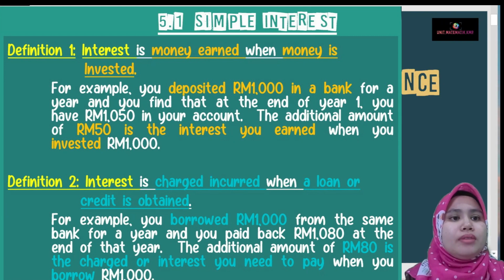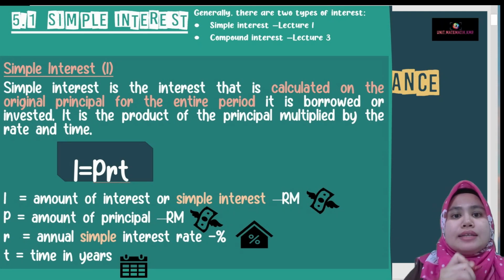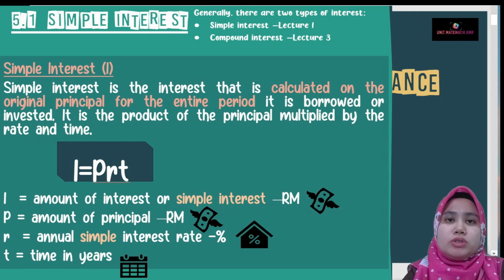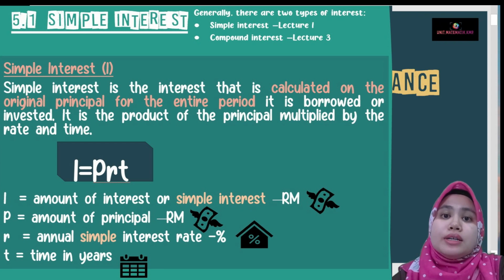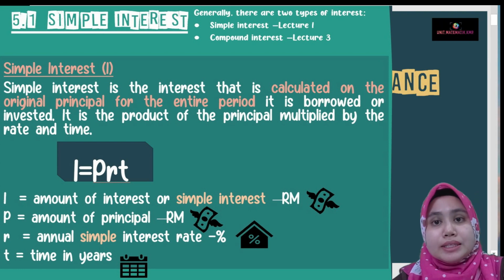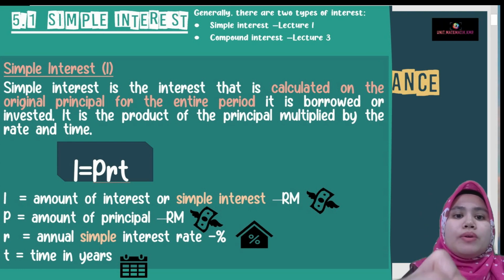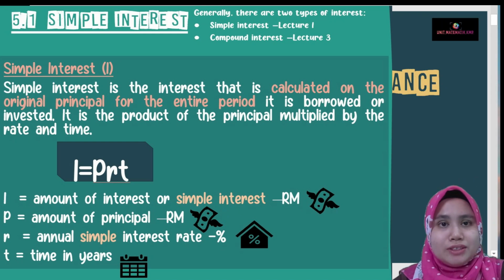Now let's go further to our simple interest. Generally there are two types of interest. The first one is simple interest. We will focus on simple interest in this lecture 1, and later on we will study compound interest in lecture 3.